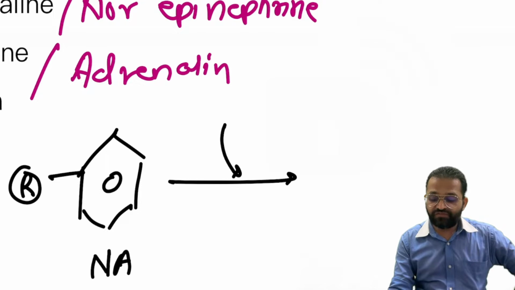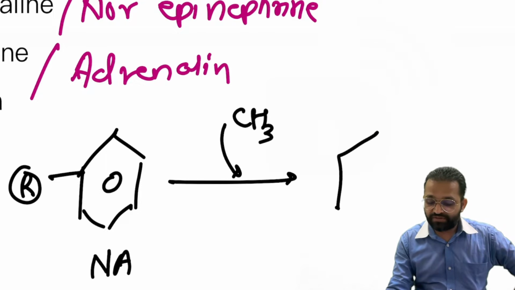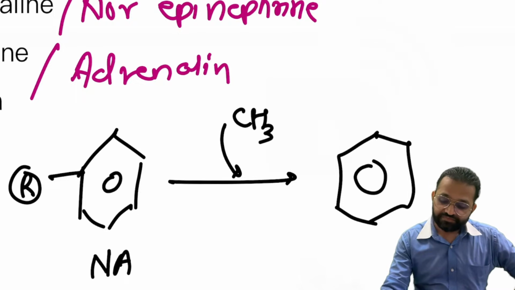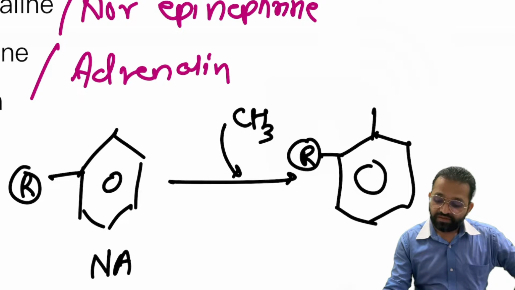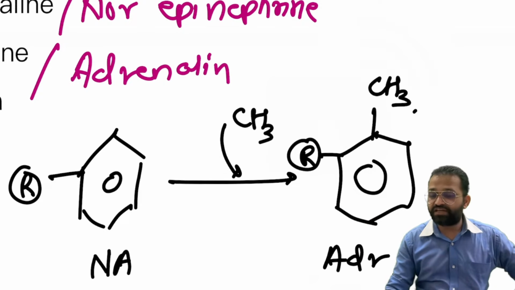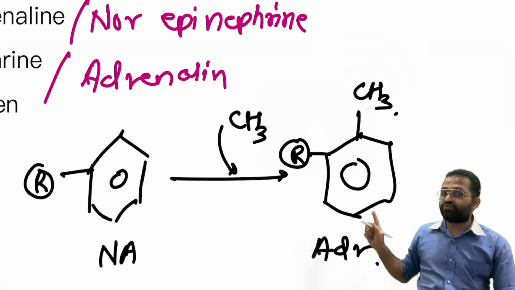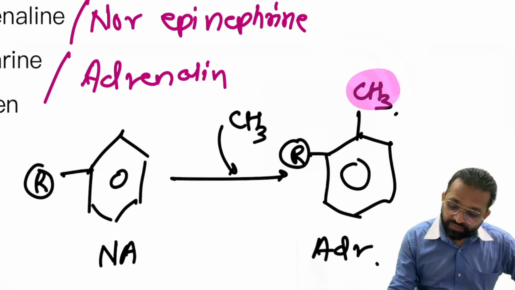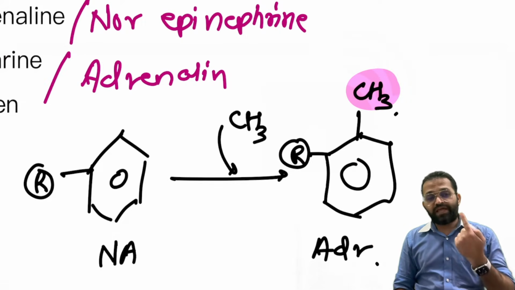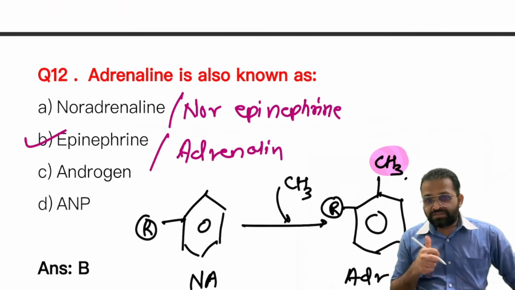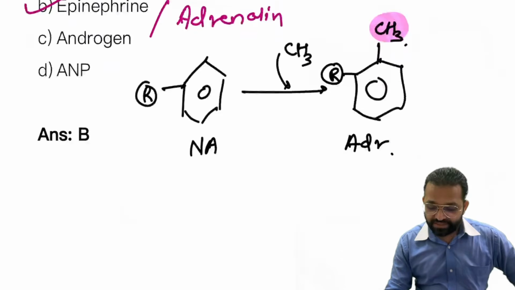But if one methyl group is added, this methylated compound is known as adrenaline or epinephrine. So what is the difference between the noradrenaline and adrenaline structure? Just remember, one methyl group. One methyl group is the difference. Agree? Got the point? Come to the next.